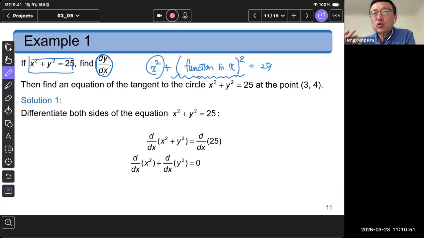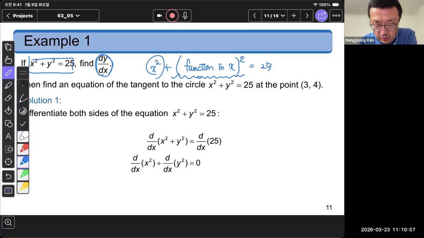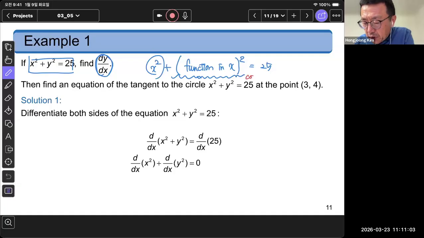If I have a square of a certain function in x, then I have some function in x and that is squared. Then that is a composite function. And if I want to differentiate a composite function, I need to apply the chain rule, right?